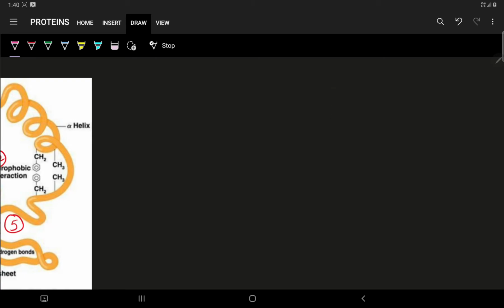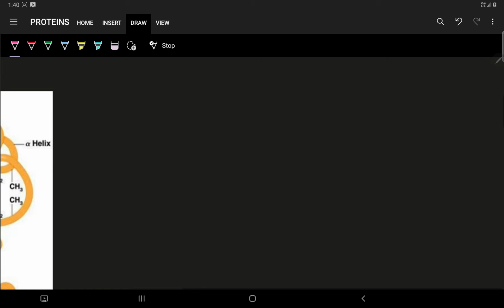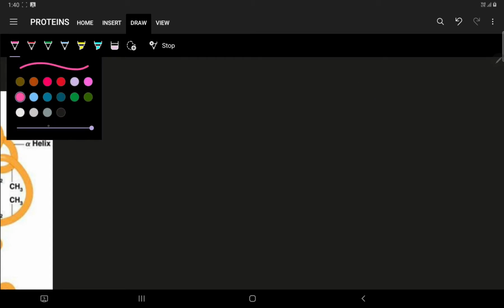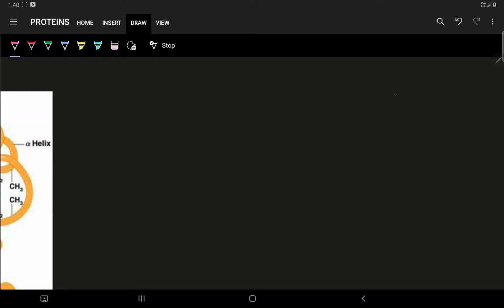How to draw the tertiary structure of protein. If this comes in your examination, to draw the tertiary structure of protein, you must know how to draw it in easy steps. Just have a look at this. We are now drawing the peptide chain structure.